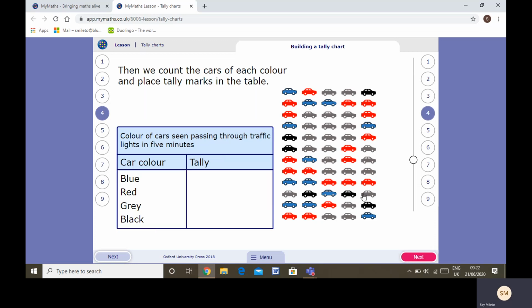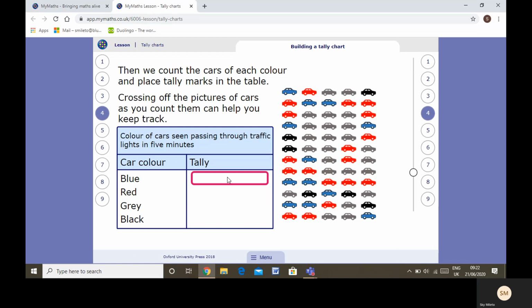And now we need to mark on the table. So blue, we can count up 1, 2, 3, 4, 5, 6, 7, 8, and so on. You can see every time they've crossed out a car, they've put a line to show the tally. So as you can see, there are 12 blue cars. And so on with the rest of them.